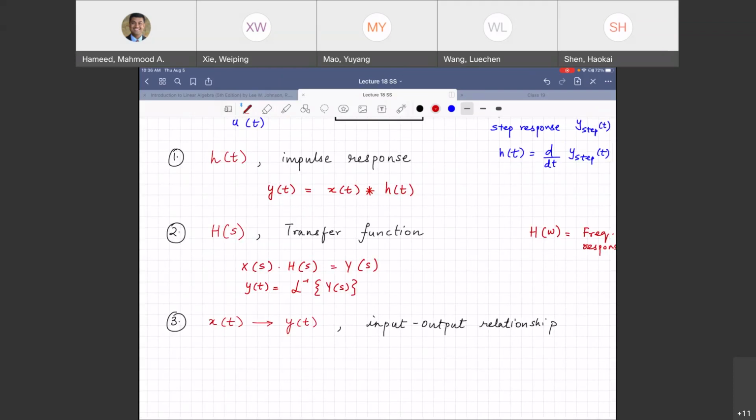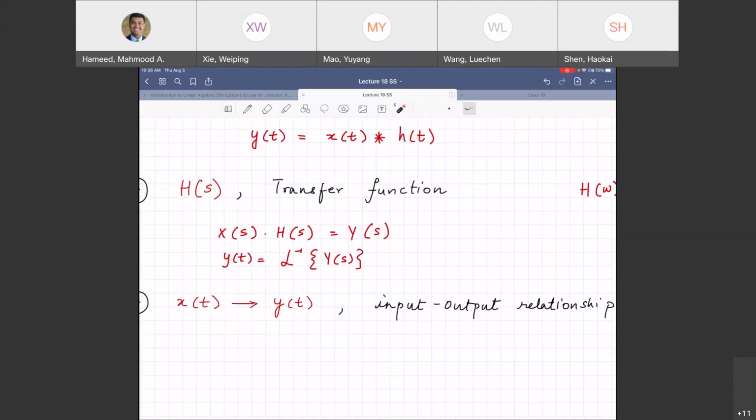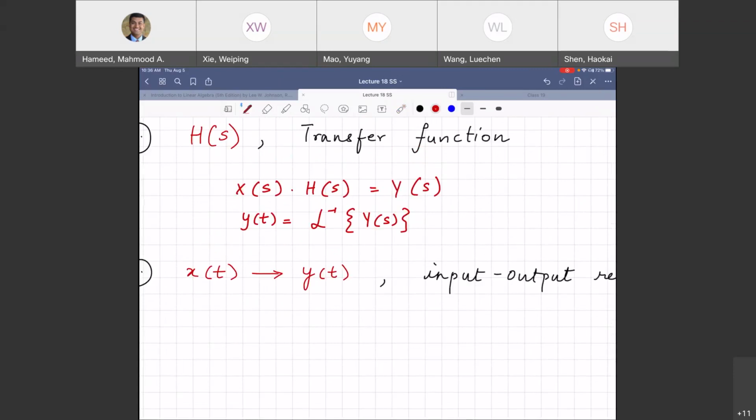Now the next method is, what if you are given the relationship between input and output? So we are trying to describe the LTI system, not using its impulse response or step response, not using its transfer function, but using the relationship between input and output. What could that look like? Well, for continuous time systems, it looks like an ordinary differential equation.